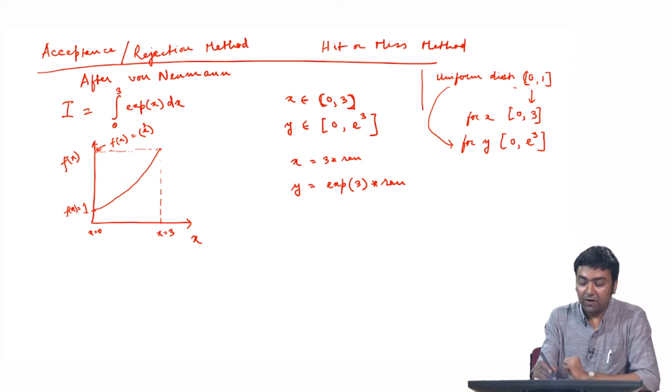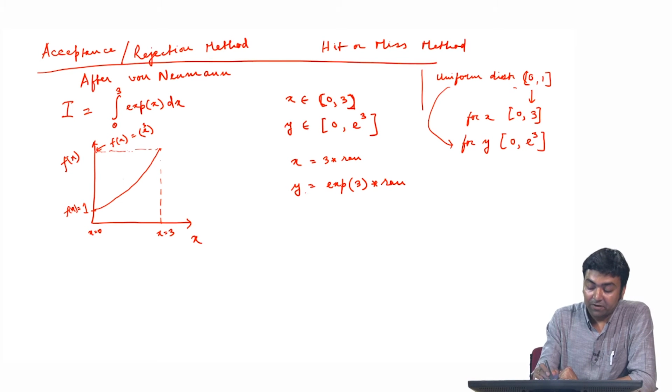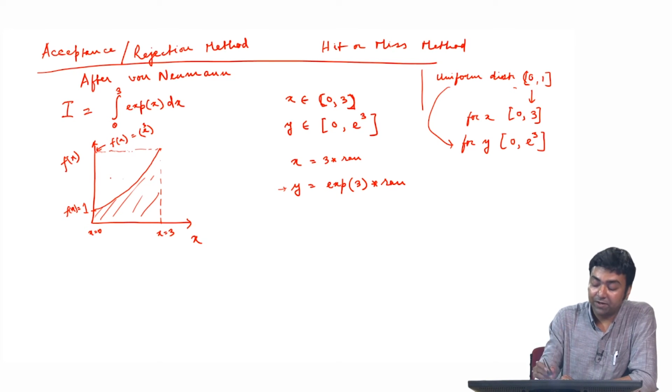Then I check whether this random number y, the second random number which I have generated, lies inside this shaded area or outside. How do I check this? I use the if statement.